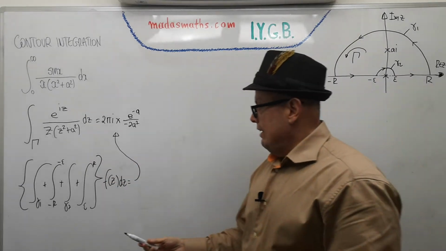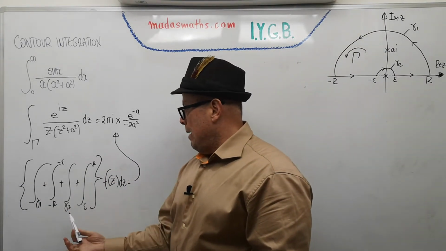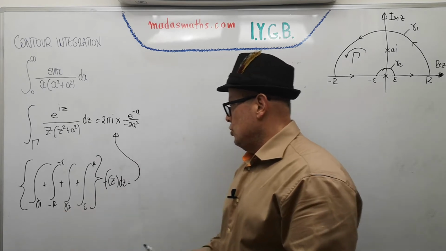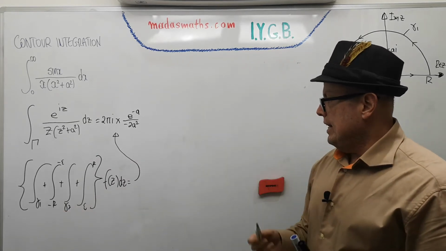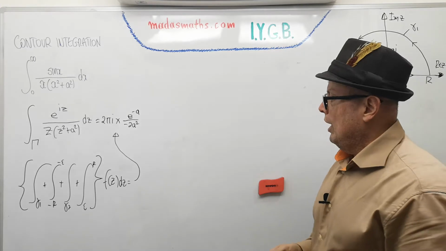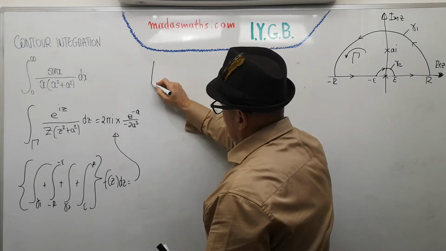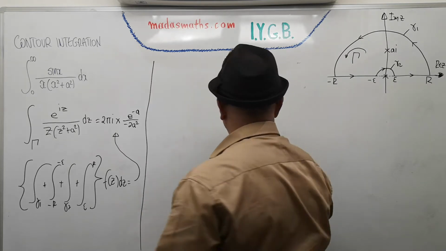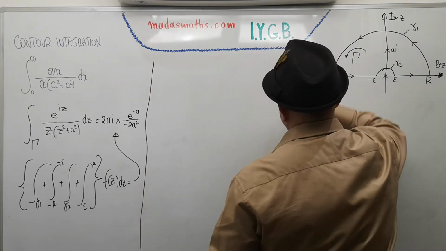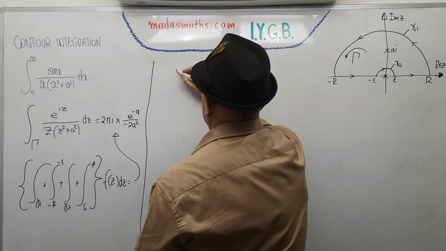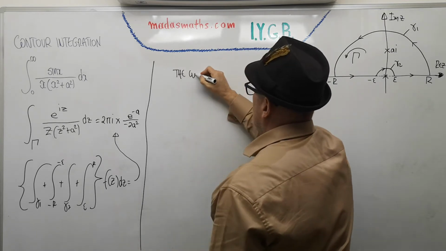So our plan is, first of all, to check what is happening with this gamma 1 and gamma 2 by suitable parameterizations. In other words, the semicircular arcs. And we're going to start, first of all, with, let's make some room. We're going to start with the outer curve. So I'm going to say the contribution, first of all.